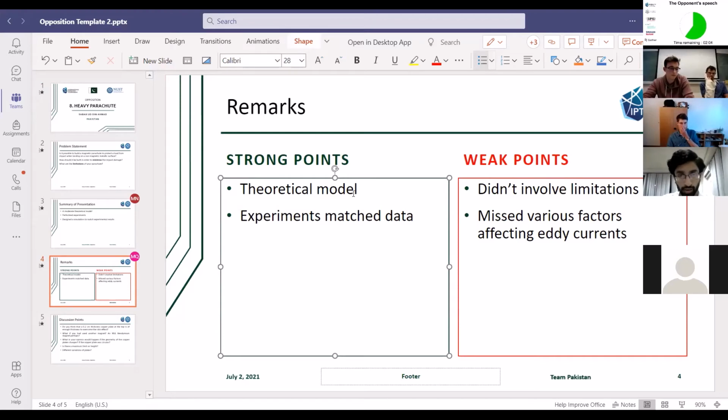That model was a good point, because they were able to mention the theory, and then they moved towards some limited experiments, and those experiments matched the simulation data.